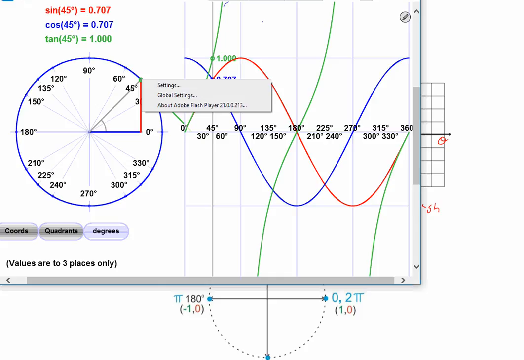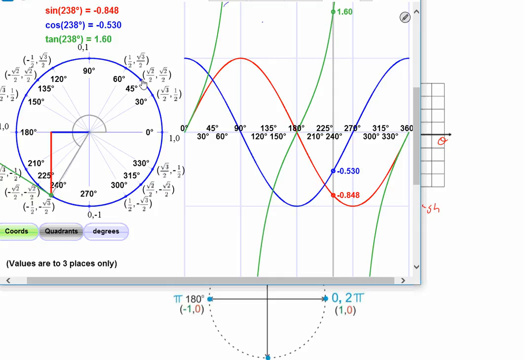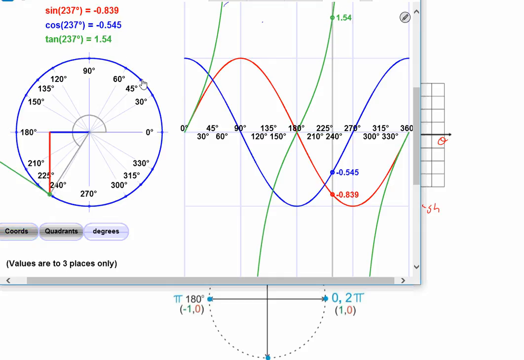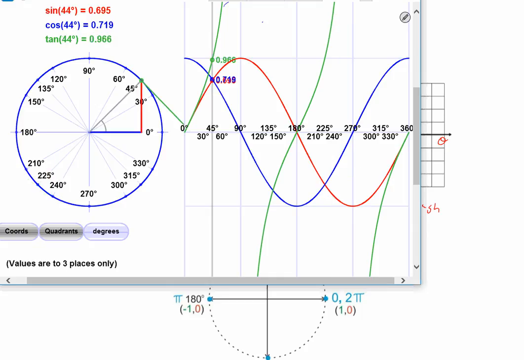If you were to look at the coordinates of the point, the x-coordinate would be 0.707 for the cosine, and the y-coordinate would be 0.707 for the sine.